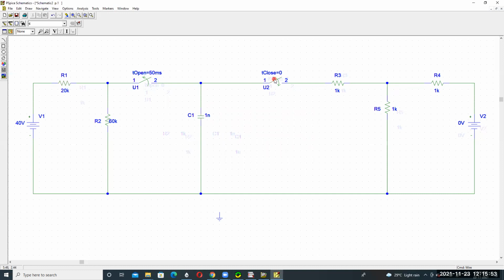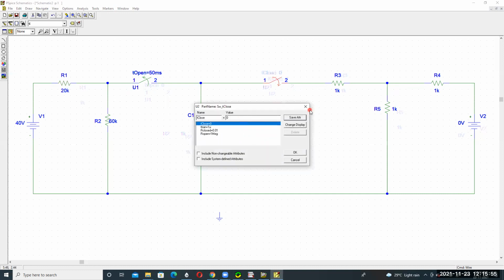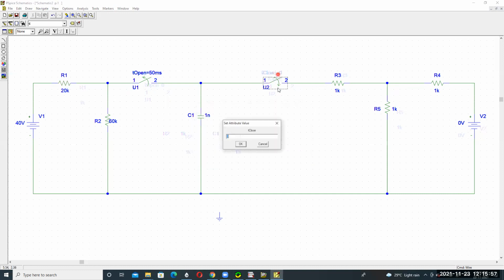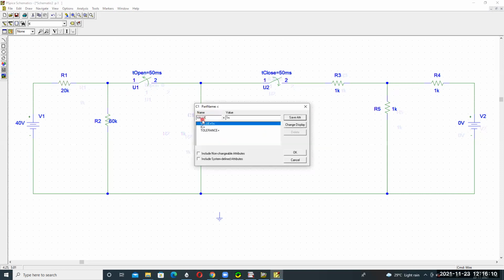And then here the open time is 50 milliseconds, and the close time is 50 milliseconds. The capacitance value is 0.25 microfarads.